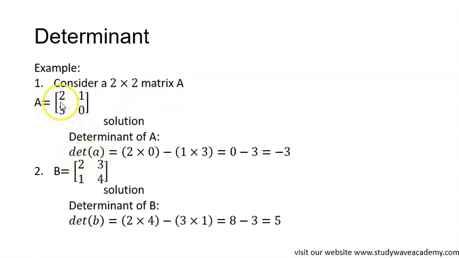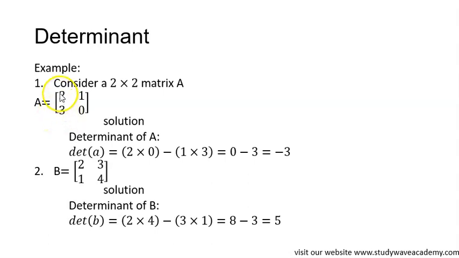So we have that A here. In this matrix we have 2, 1, 3, 0. Now what do we do? We multiply the first diagonal and subtract from it the multiplication of the second diagonal, okay? So we have 2 times 0 minus 1 times 3. That is what we mean, okay?